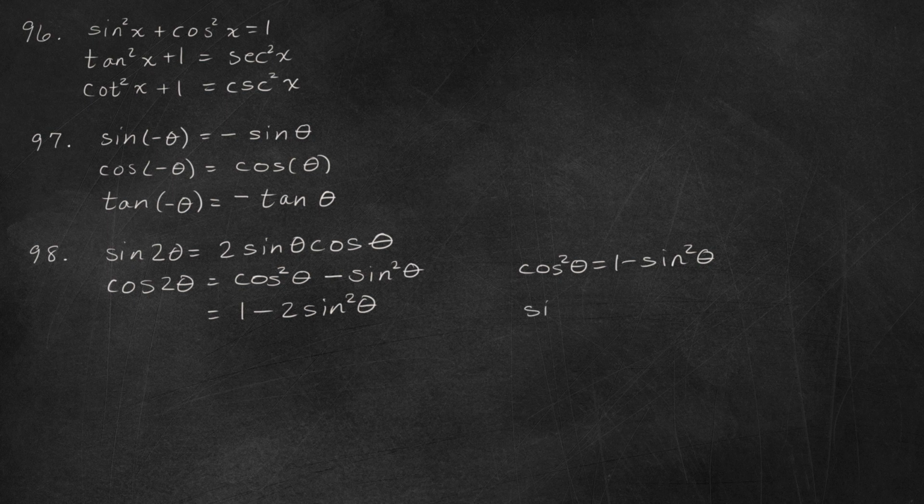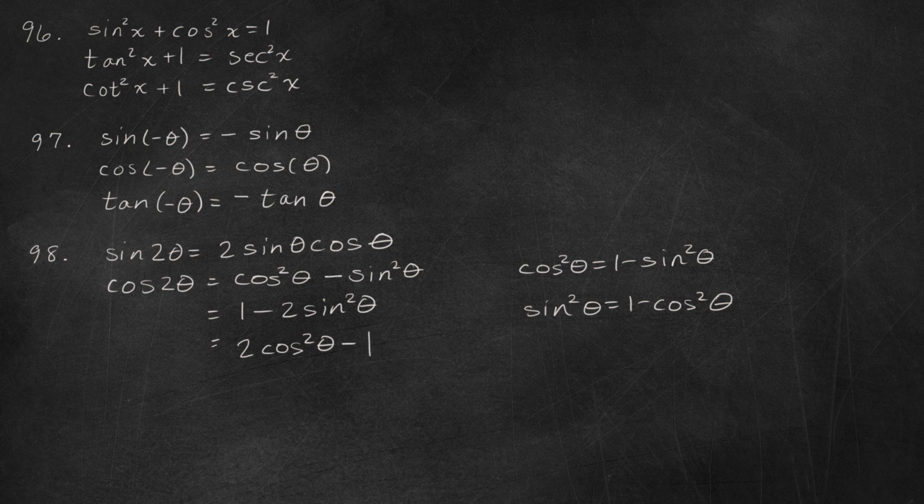And then we also have this identity, sine squared theta equals 1 minus cosine squared theta. So if we make that substitution instead, we have cosine squared theta minus 1 plus cosine squared theta, so 2 cosine squared theta minus 1.